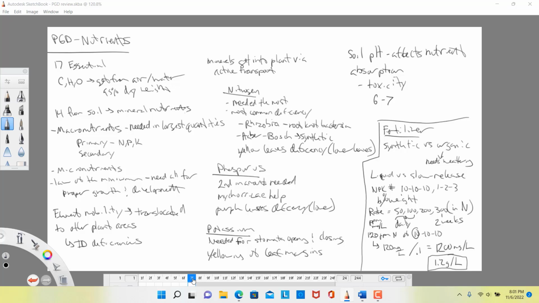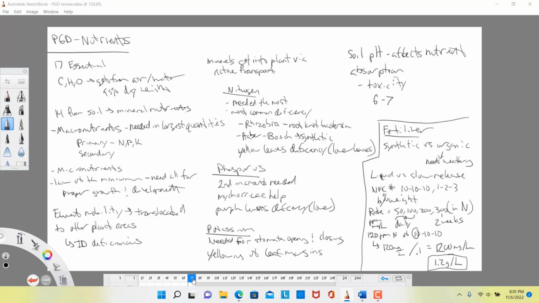Say we have a bag of water-soluble fertilizer that is 10-10-10. Thus, we know 10% by weight of that bag is nitrogen. To calculate how much weight of that fertilizer we should add, we know that ppm can also be written as milligrams per liter. So we want to get 120 milligrams per liter of nitrogen in our fertilizer.